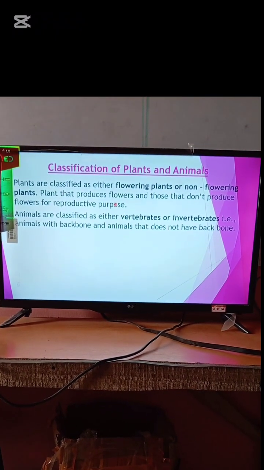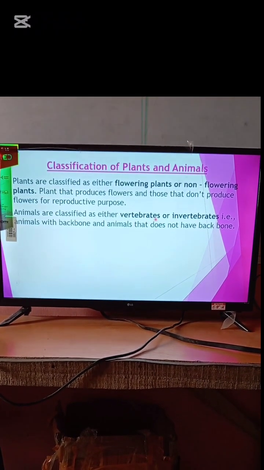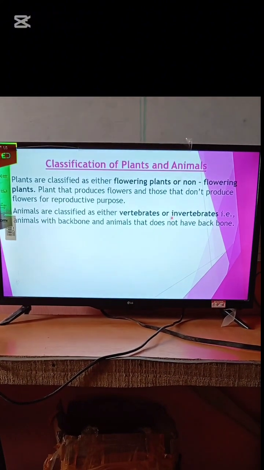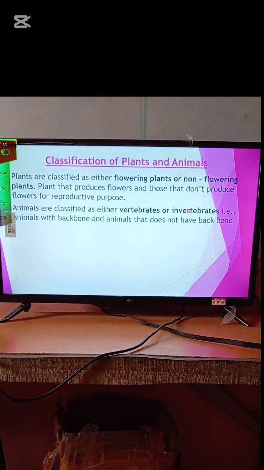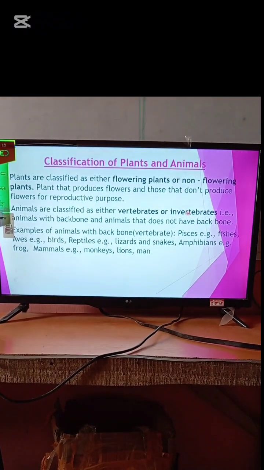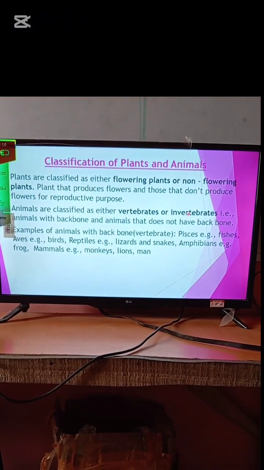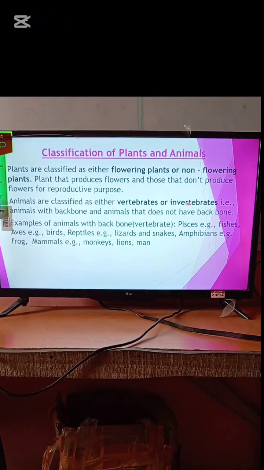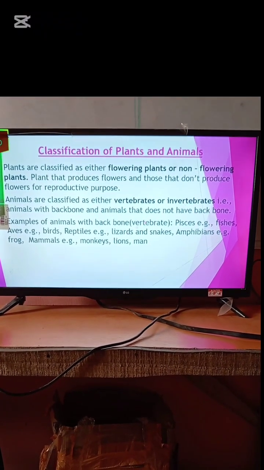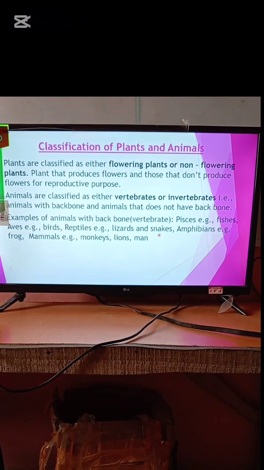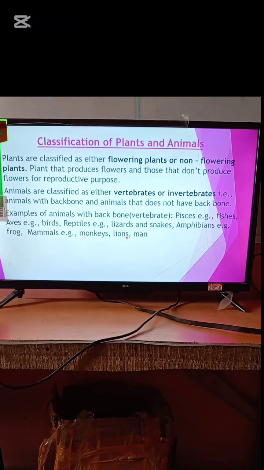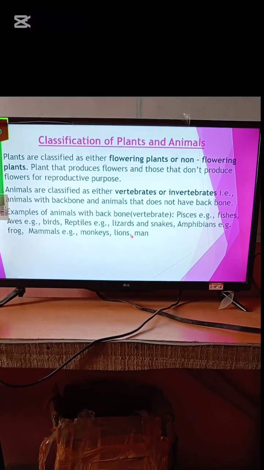Animals are also classified into two: vertebrates and invertebrates. That is, animals with backbones and animals without backbones. Examples of animals that have backbones are fishes, birds, reptiles like lizards and snakes, amphibians like frogs, and mammals like monkeys, lions, and even man.